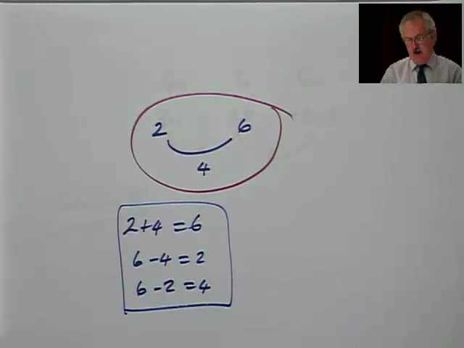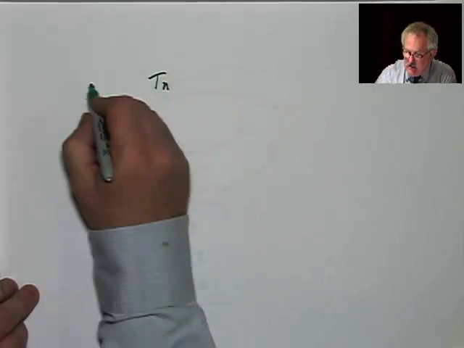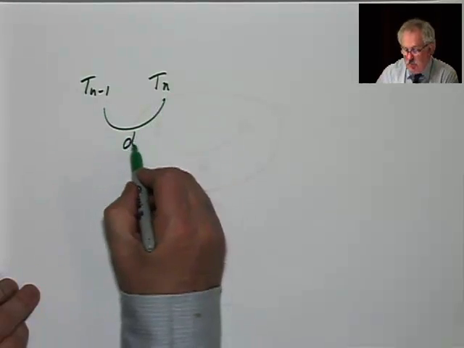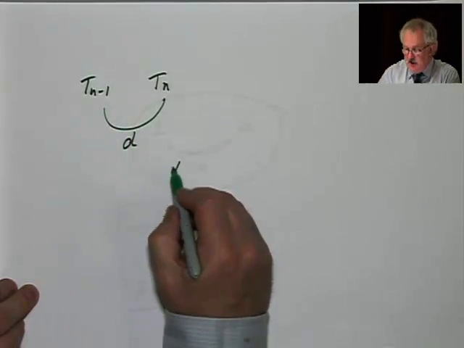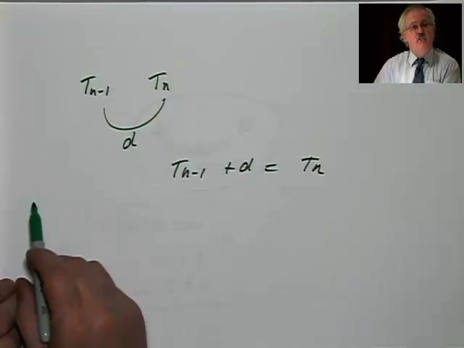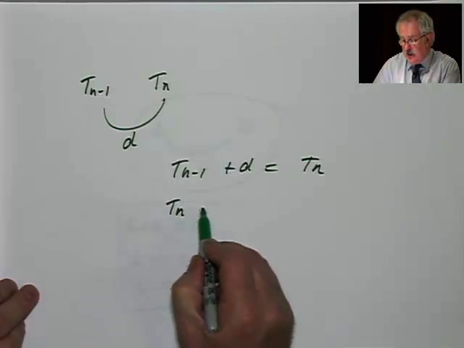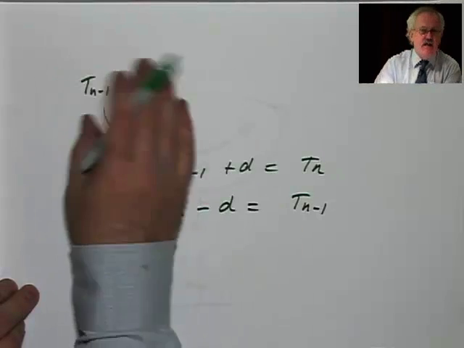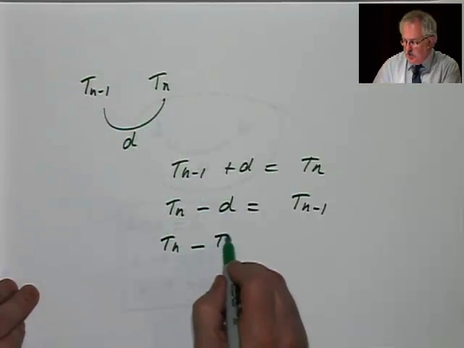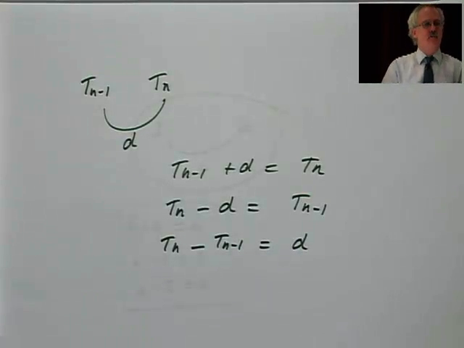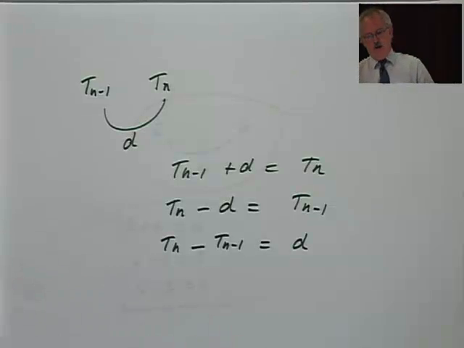So if somebody says you have tn and tn minus 1, and you've got, say, d, you could say tn minus 1 plus d gives us tn, because I'm thinking forward. If I was thinking backwards, I'd say tn, take away the d, and I'd be on the one below. Or if I was thinking a bit laterally, tn minus the one before it is the difference. Is that okay? So that's the way this thing works.